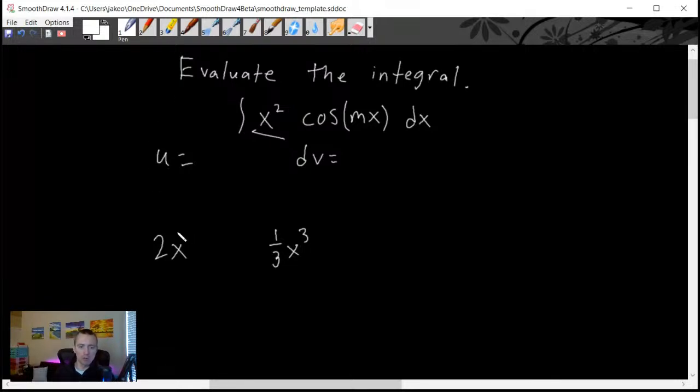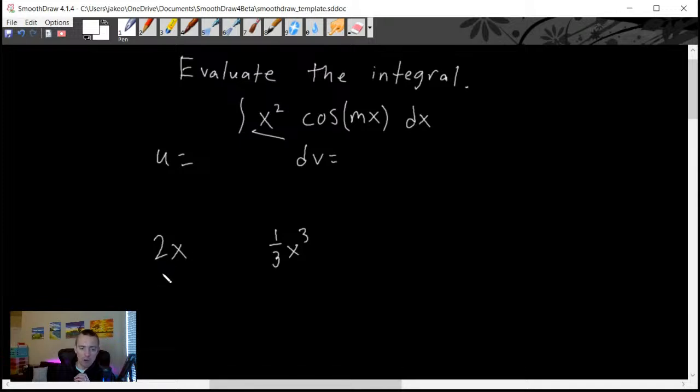Which means you're either going to lower the power by 1 or raise the power by 1. Typically, it's going to be better to lower the power by 1, because we may have to do integration by parts multiple times, which I believe this is going to be one of those examples, and we'll see why in a minute.